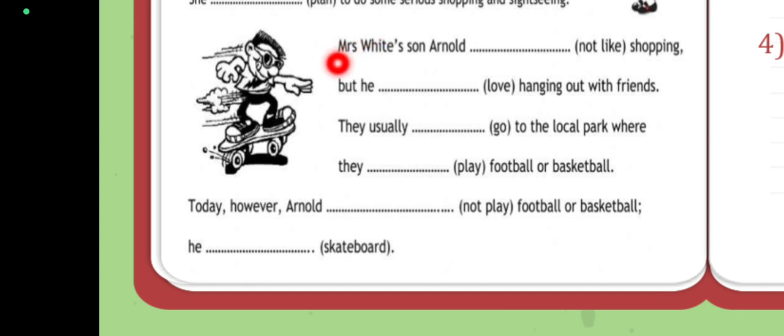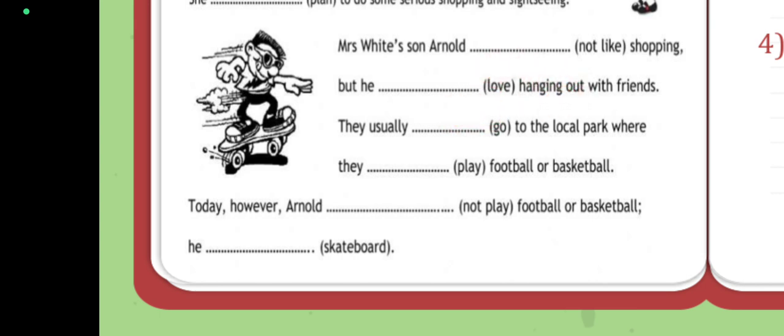Can you do from Mrs. White's son to from here, from France? Yeah, I think it's Mrs. White's son Arnold doesn't like shopping, but he loves hanging out with friends. That's great. Doesn't like, but he loves.